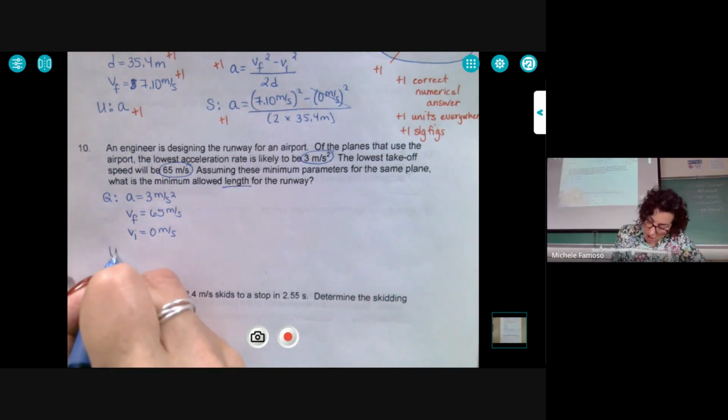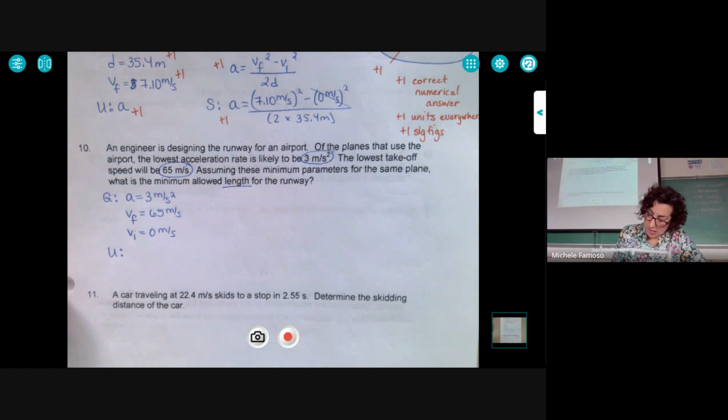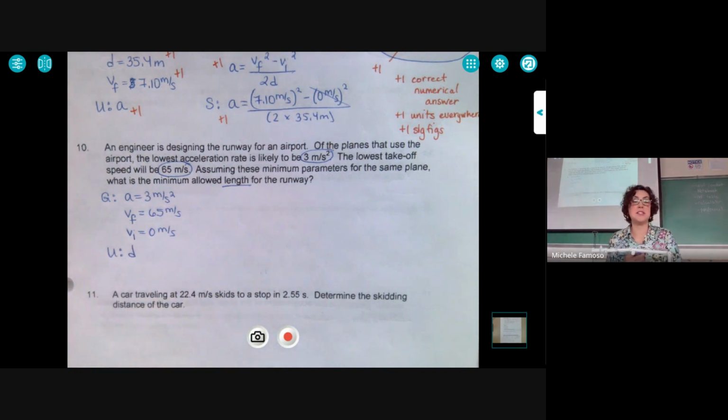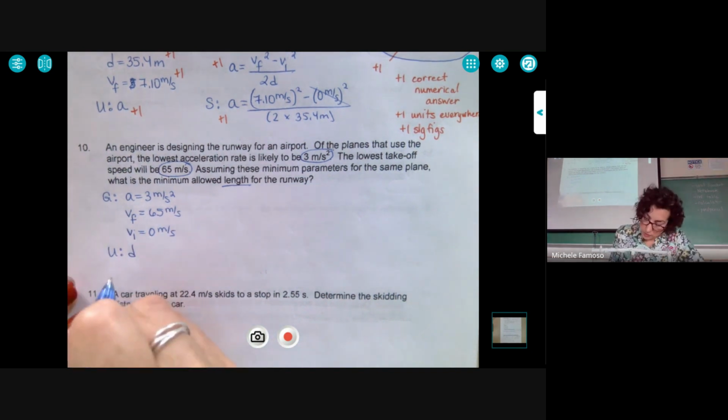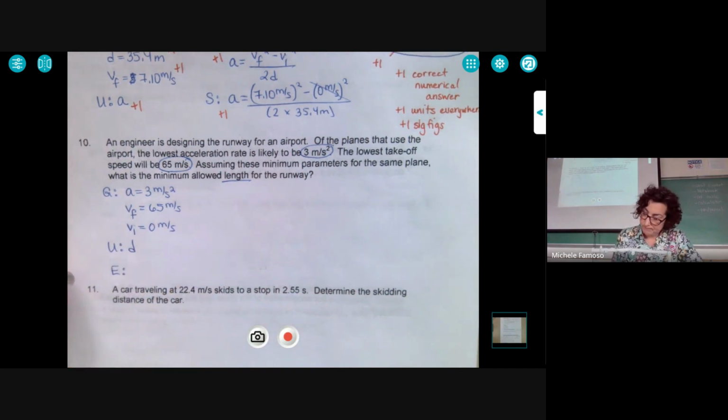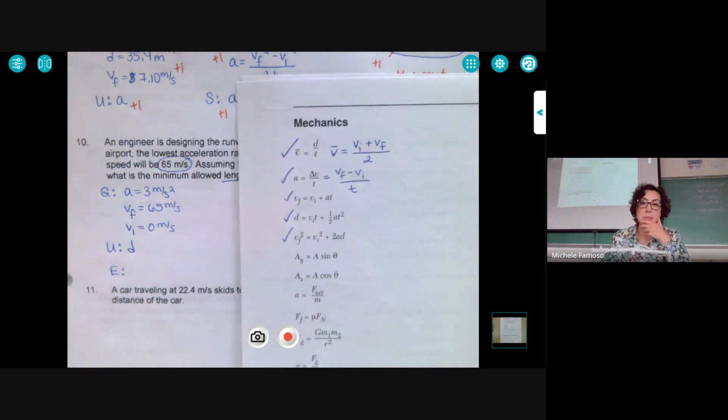Nick, what's our unknown? Yeah, it's a distance value. Length is a distance. All right. Winnie, how about an equation? Yeah, take a look. This is the hardest part, I think. Picking the right equation with those letters. Notice there's no T in the list.